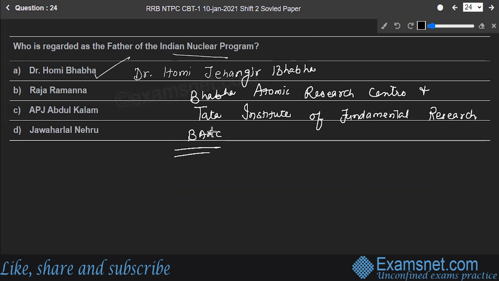He's a well-known nuclear physicist. He obtained a PhD degree from Bombay University. Dr. Homi Bhabha established the Atomic Energy Establishment, Trombay, that is AEET, in January 1954. In 1966, Atomic Energy Establishment, Trombay was renamed Bhabha Atomic Research Center, that is BARC. So, we have option A as the correct answer to the question.